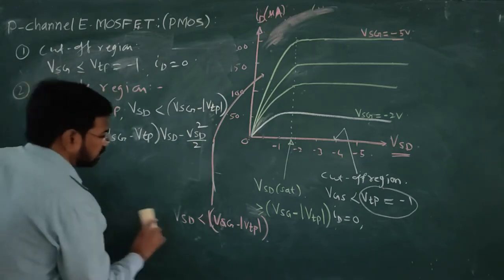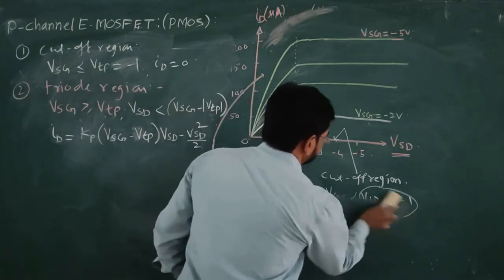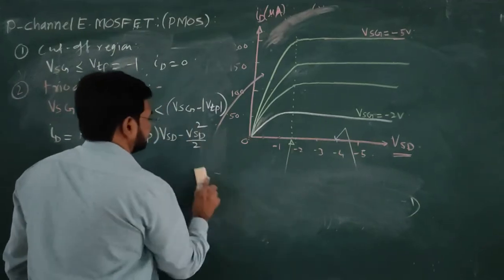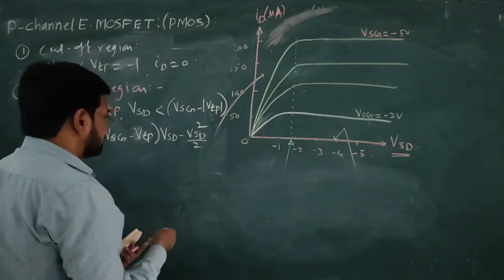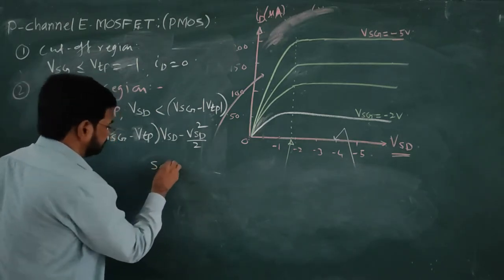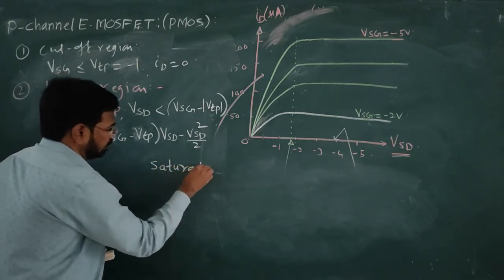Now, the second one, the most important, is the saturation region. Here we will write the drain current equation. When the device is in saturation, what is the drain current?